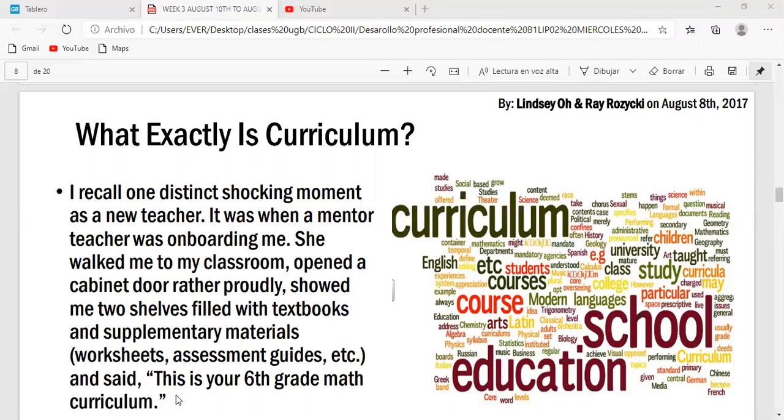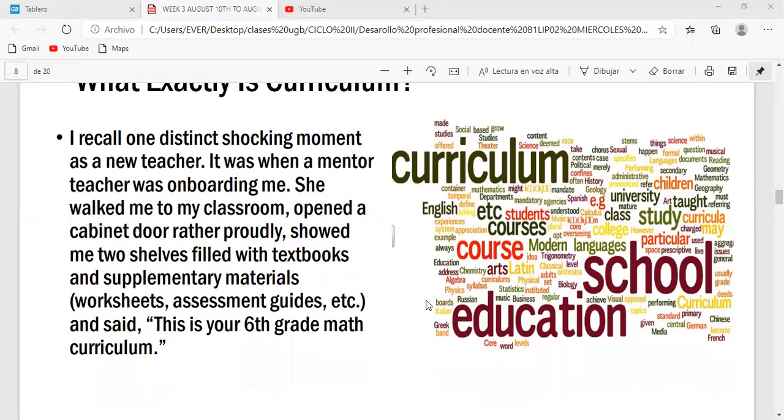It's not about having the program. It also includes teachers' motivation. It includes teacher skills for sharing the knowledge, for transmitting what he or she knows, finding the way of giving the content to students. So it involves more than just texts, assessments, and worksheets, okay? However, all these aspects mentioned here are part of the curriculum, okay?